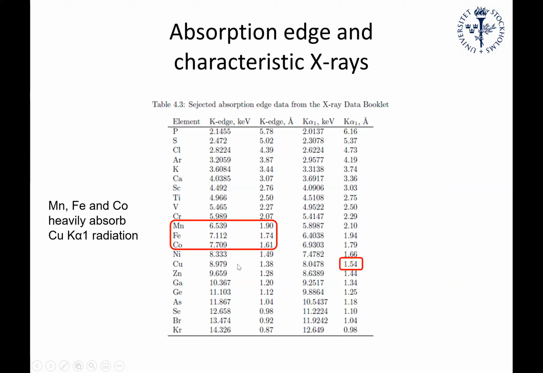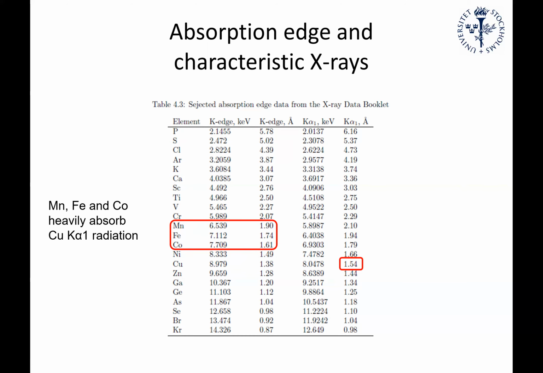So if you have any cobalt, iron, or manganese in the sample, it's going to absorb a significant part of the X-ray beam, which means you're not going to have much X-ray coming out of the sample. These samples are really good at being beam stops for specifically copper K alpha radiation. So you won't be able to collect very good diffraction data if you're using a copper X-ray source and your sample contains manganese, iron, or cobalt.